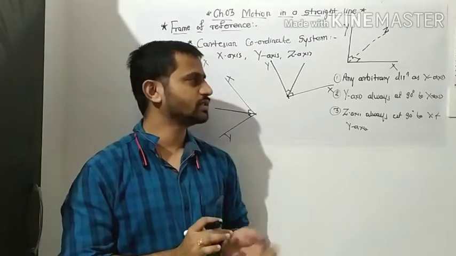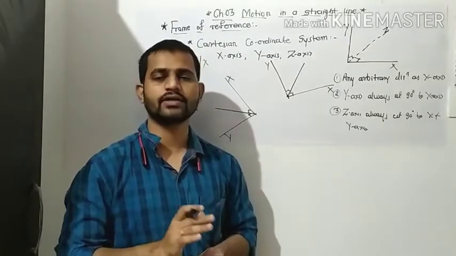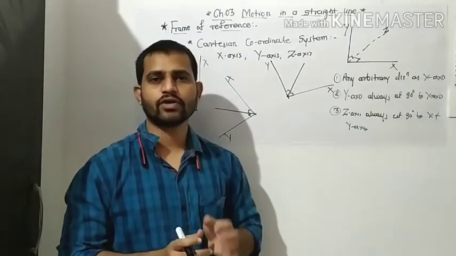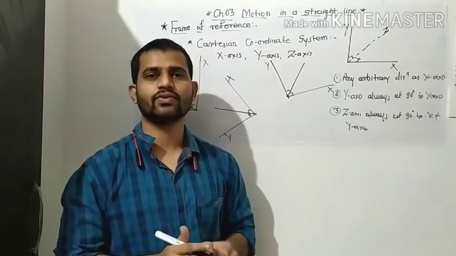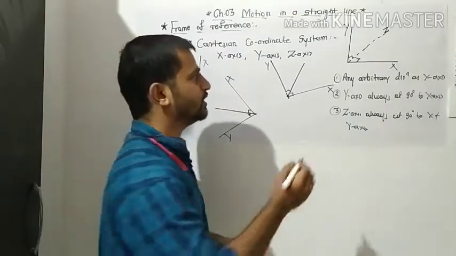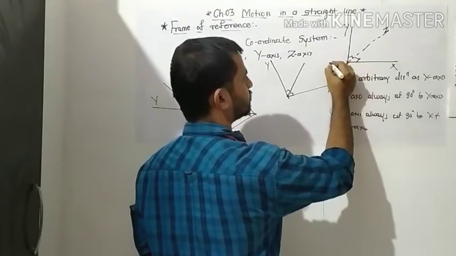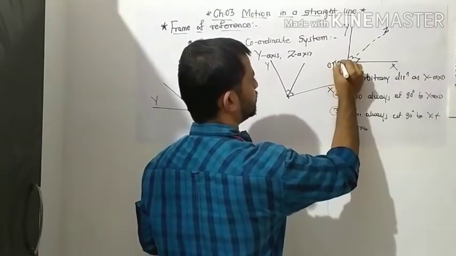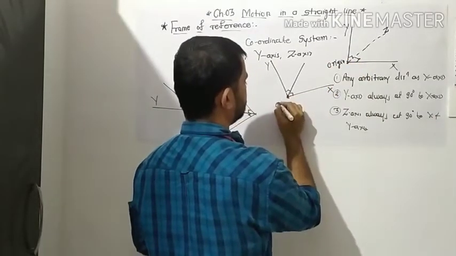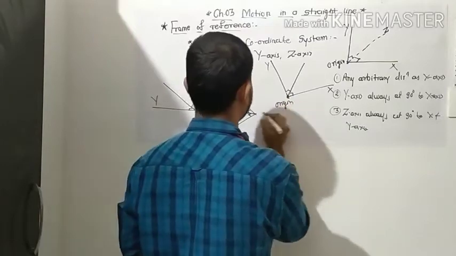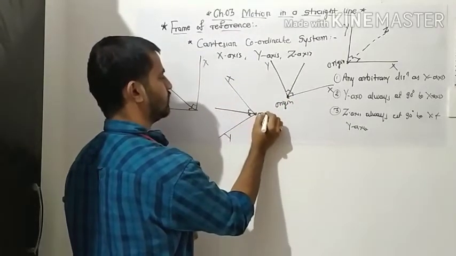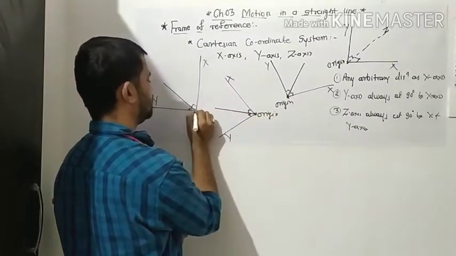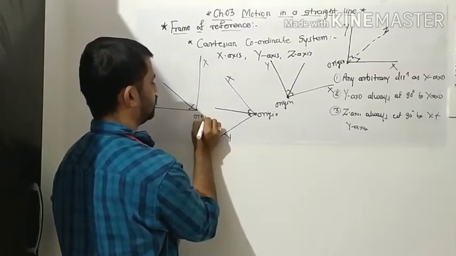So these conditions must be fulfilled, and the meeting point of all three axes is known as the origin. This point is the origin.